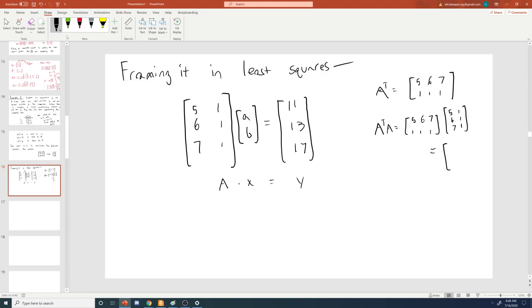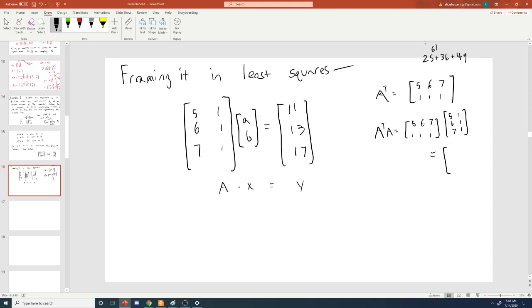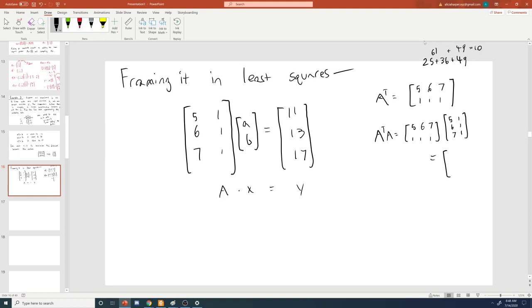And so this will be, let's see, we're going to have 25 plus 36 plus 49. This right here is, I believe, 61. 61 plus 49 is equal to 110.